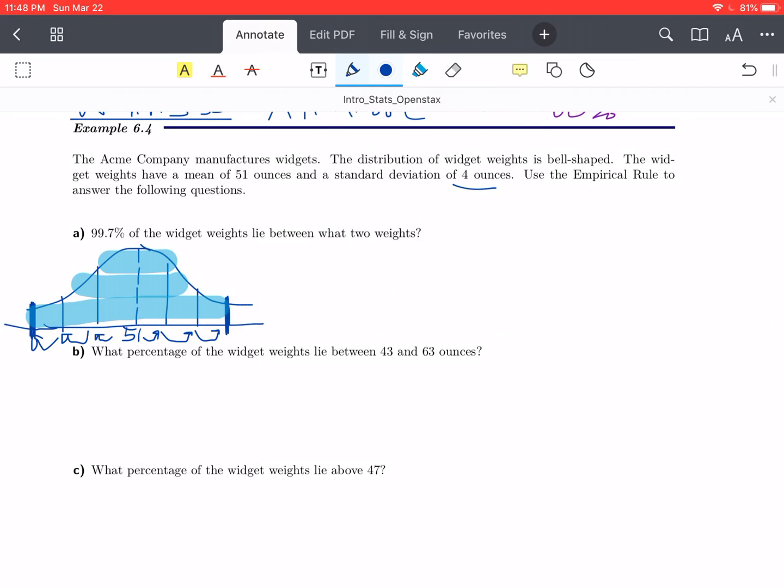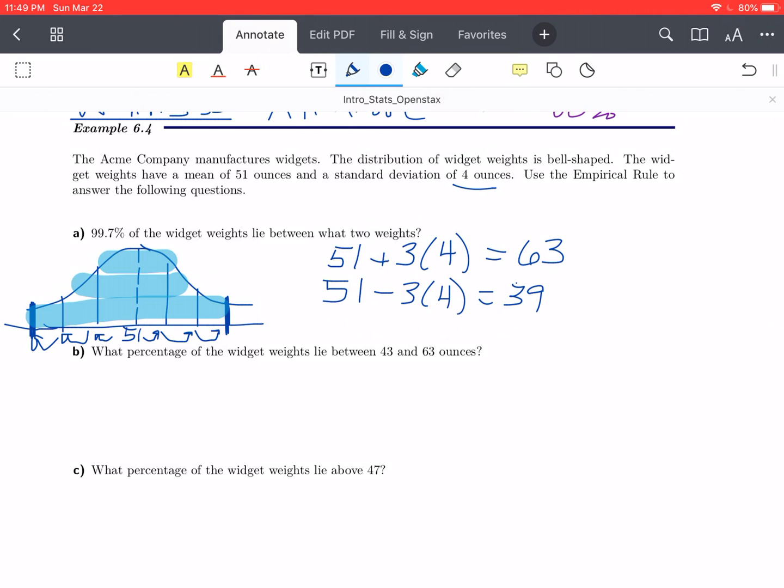So we're going to have 51 plus 3 standard deviations, which are 4 ounces each. So that becomes 51 plus 12, which is 63. And then 51 ounces minus 3 standard deviations that are 4 ounces each. So 51 minus 12, and that's going to be 39.